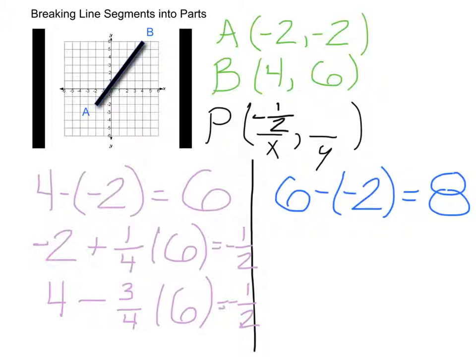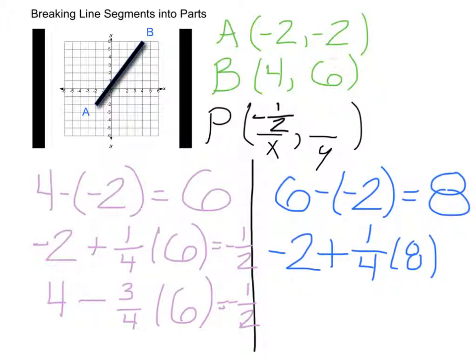So let's first do this option. Let's write out negative 2 plus 1/4 times 8. Okay, now let's think about our second option.